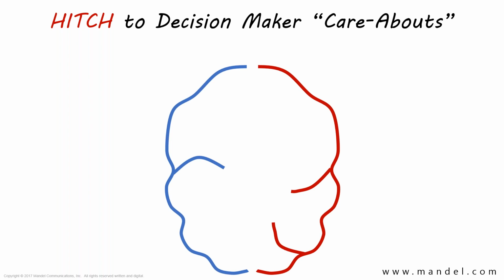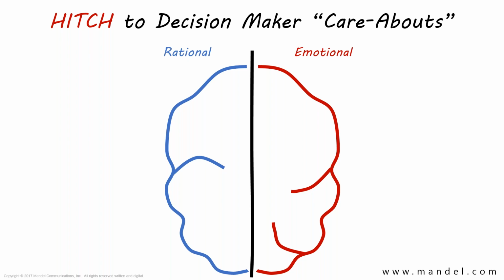And by the way, this blob on the screen, don't judge me by my artwork, but that's supposed to be a human brain. And let's say conceptually, not anatomically, we divide that between a rational side and an emotional side. Remember, we make decisions, the rational side's very important, but ultimately the emotional side's got to weigh in on that. Let's also divide it between individual needs and organizational needs.